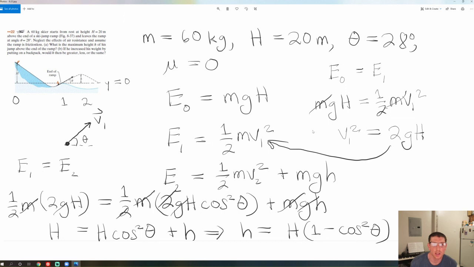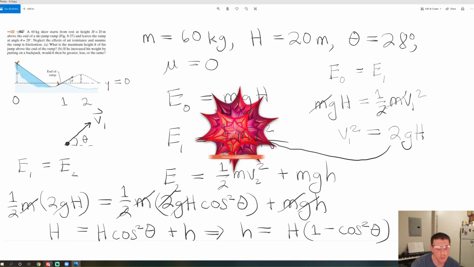And this, let's see here. Well, cosine squared of theta should be bound between 0 and 1, right? So maybe we just calculate the number here. I'll do that, because we want a sanity check here.